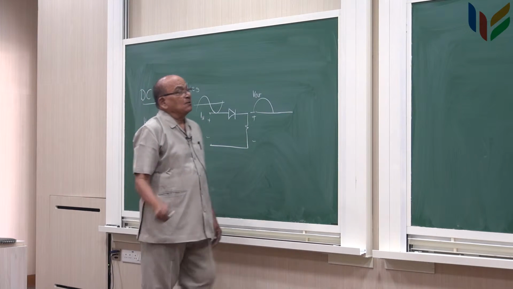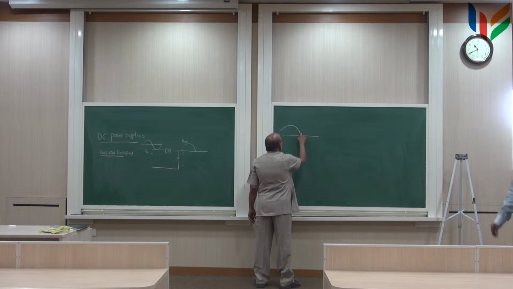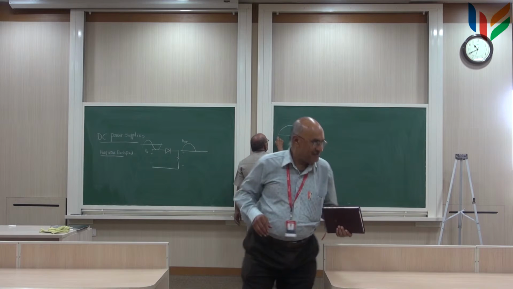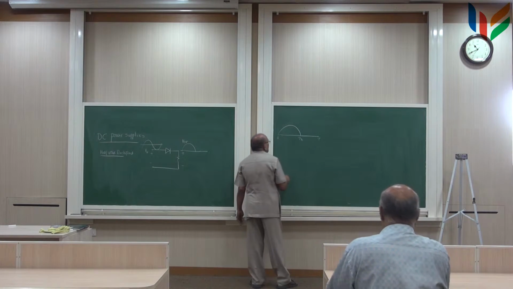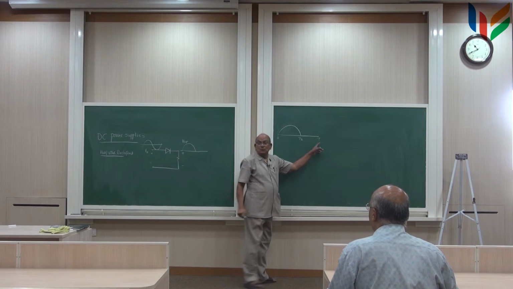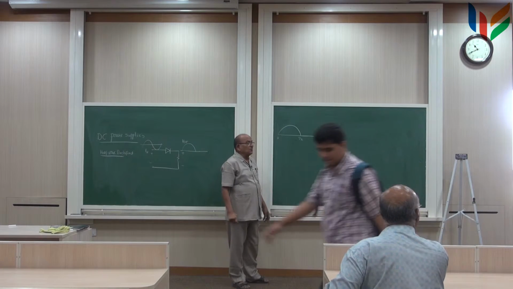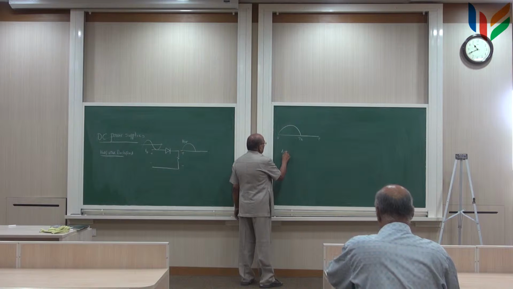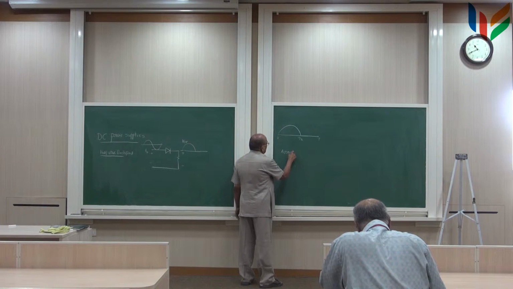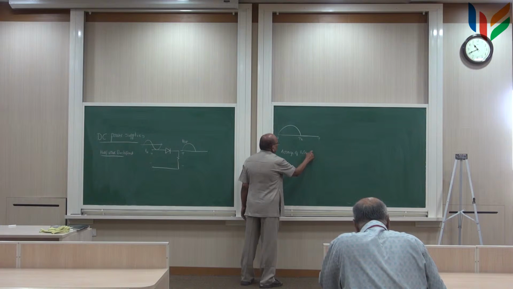So the voltage across the resistor will be 0 for T by 2 to T, and outside, 0 to T by 2, it will follow the input. So the average value of this, how much?